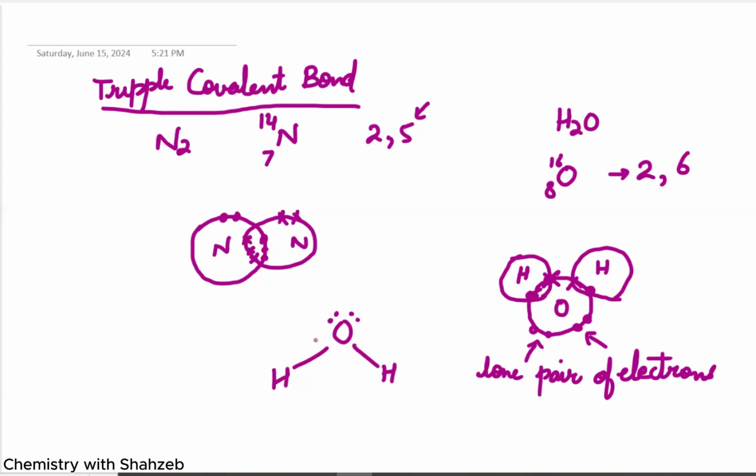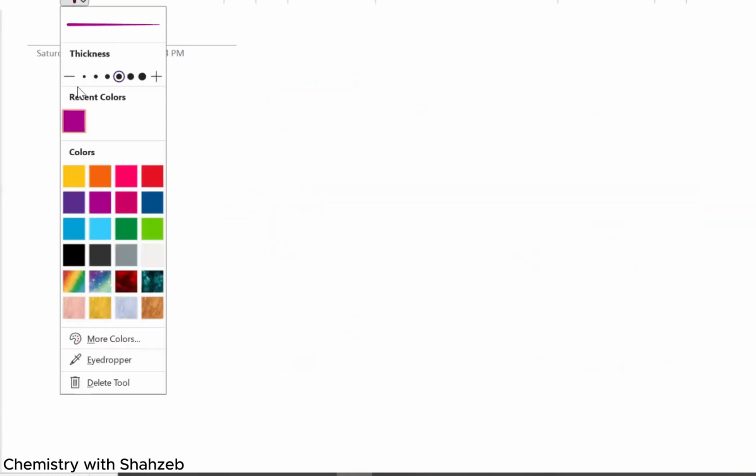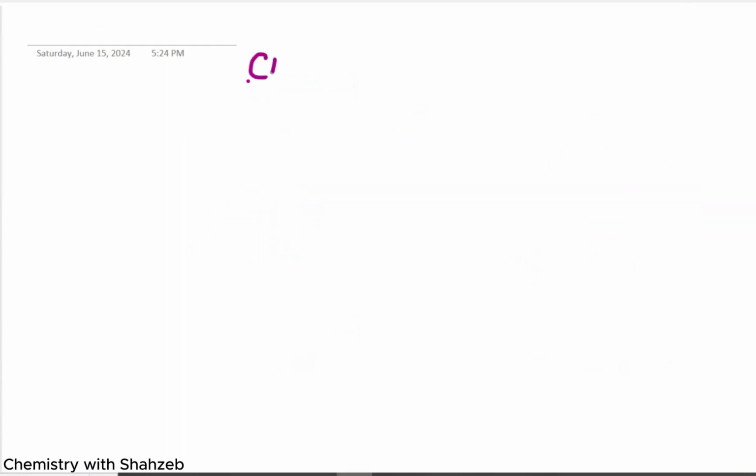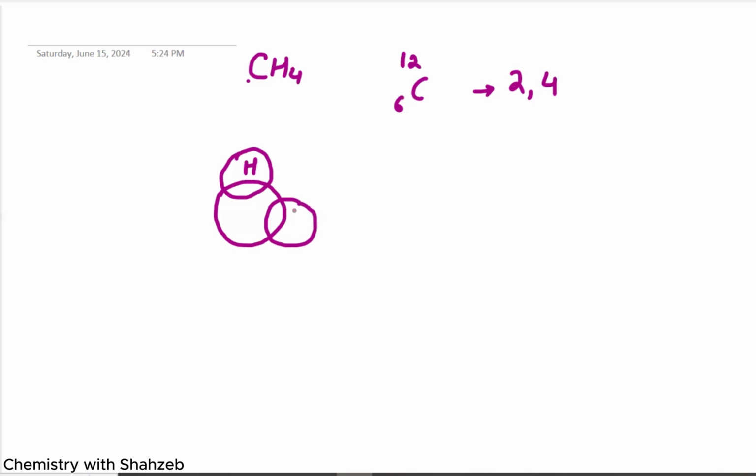Let's move further and take some more examples related to methane. Methane: carbon, we know it's C, 6, 12, so carbon has 4 electrons in its outermost shell. It is going to make 4 bonds with hydrogen atoms like this.